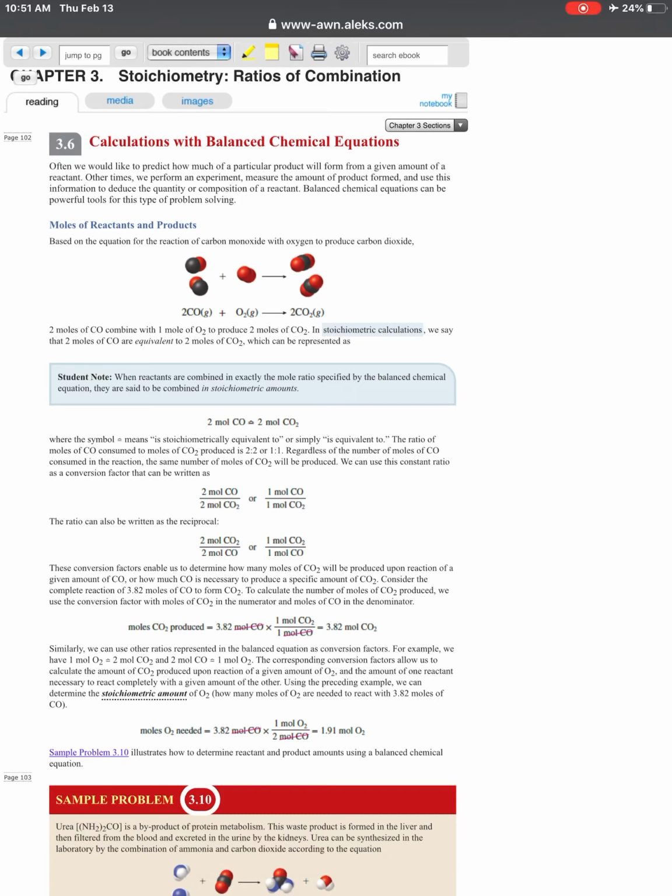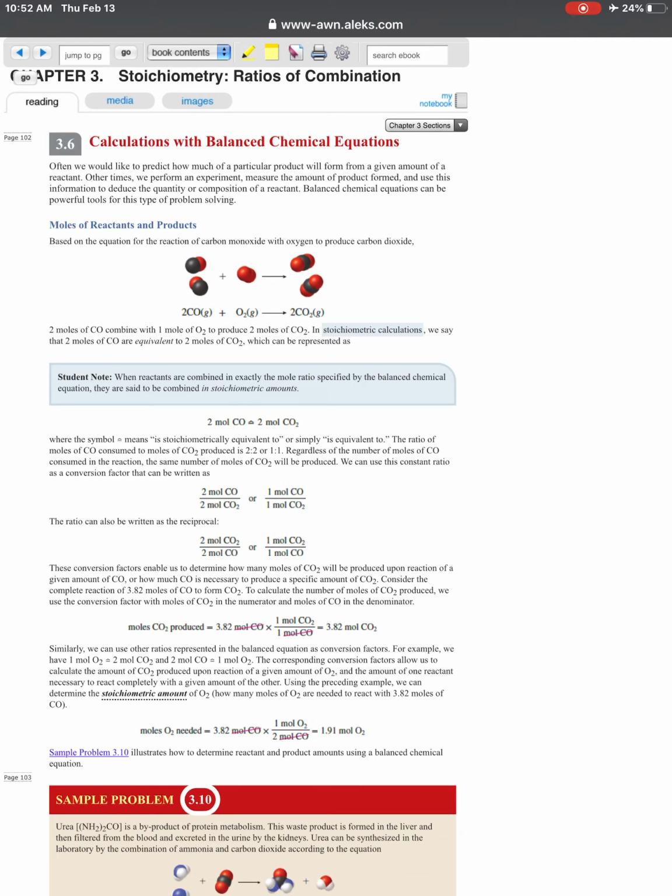The ratios are what the balanced equation gives us. 2 to 1 to 2, going from reactant to product, is the same as 24 to 12 to 24.